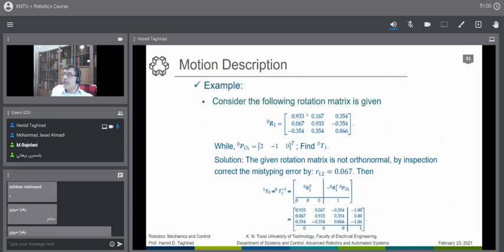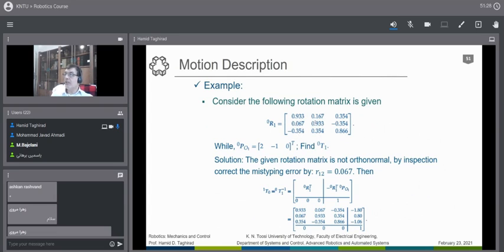If we look at this, first of all, we see that what is given here is not an orthonormal matrix. This is not right. So there is a mistyping here. If you look at R12 here, at this vector, the norm of this becomes more than 1.